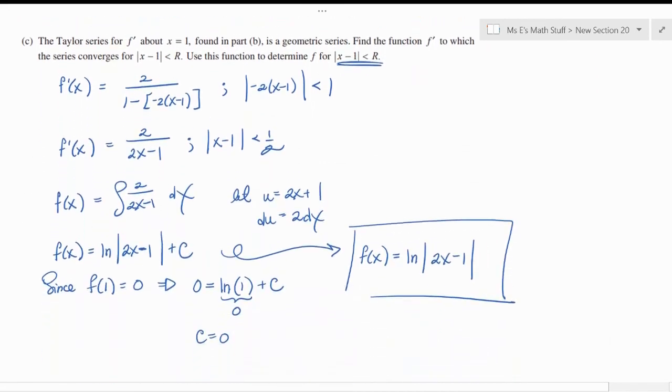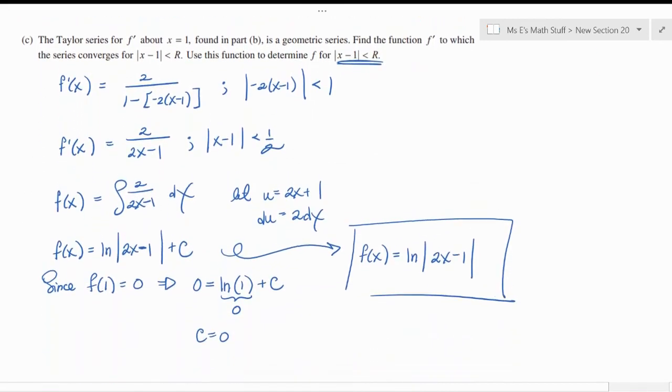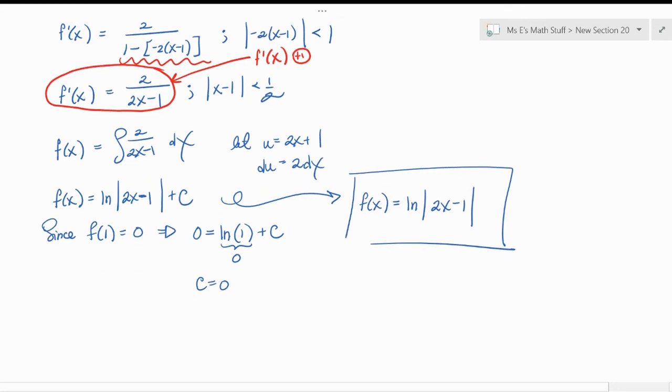Part C, they're going to give you 1 point for getting f prime, whether you simplified it or not. So you also could have left it like that. But 1 point for getting f prime. And then 1 point for getting the antiderivative.